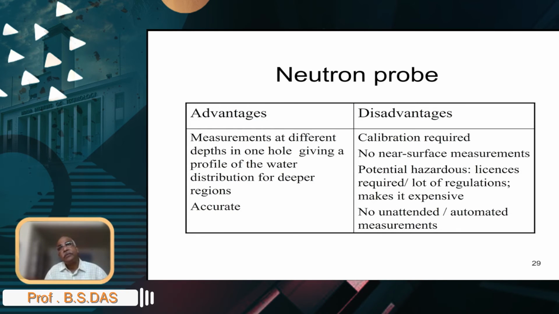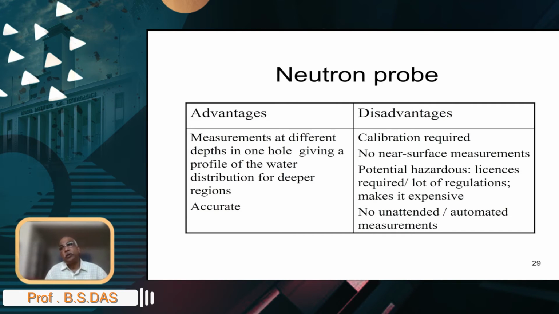Disadvantages are, of course, you need calibration, and calibration in the same site multiple times. Sometimes people have used different calibration curves depending on the stage of the crop in a particular field, and that's pretty time consuming and cumbersome. Near surface measurement: for most crops, the root zone is the top 30 centimeters of the soil.